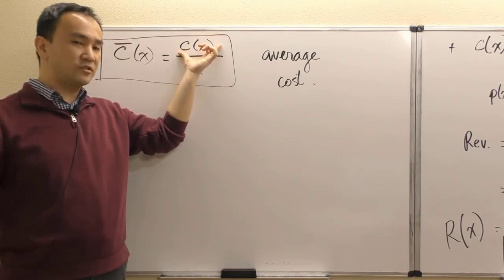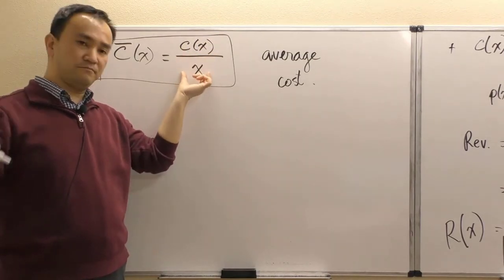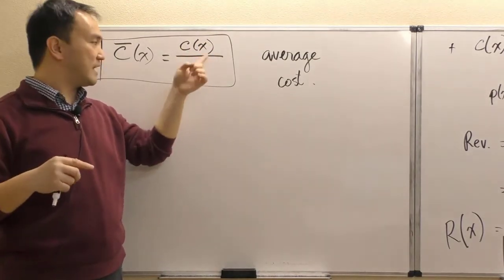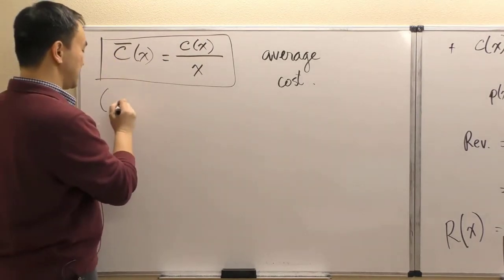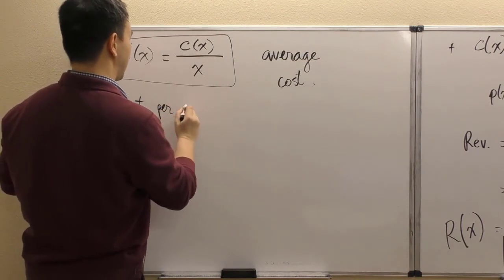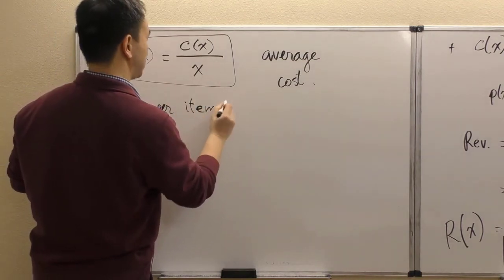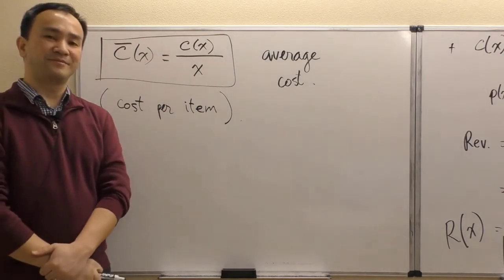Could be C thousand, C million dollars, whatever. But dividing that by the number of units in our production, that's called the average, the cost per item. So this is another way of saying that. This is cost per item.